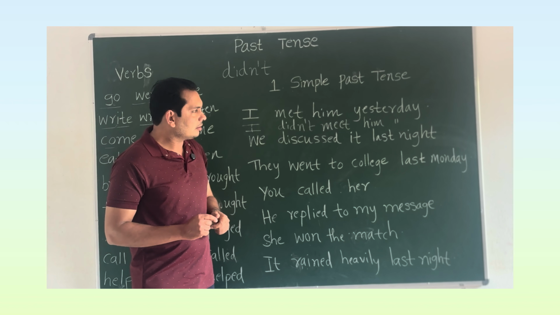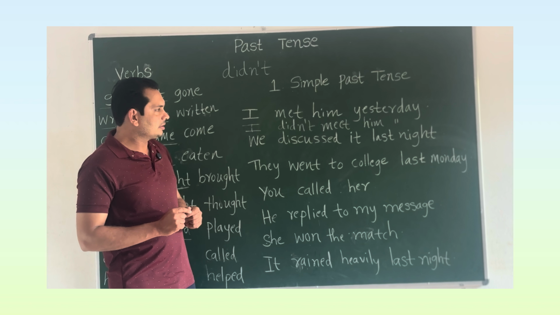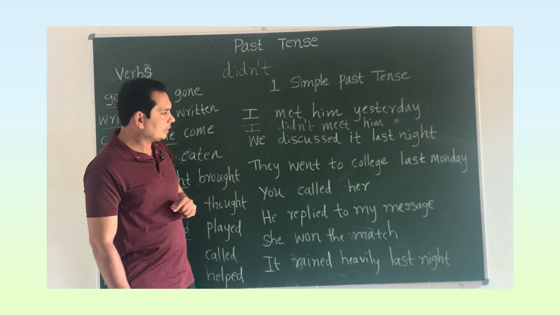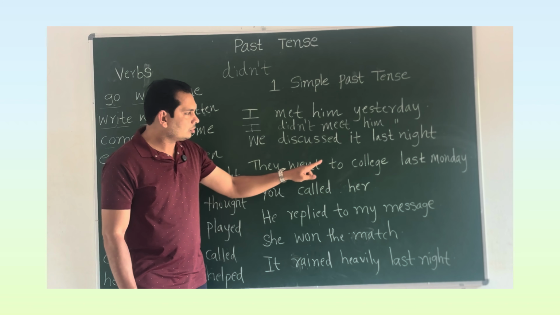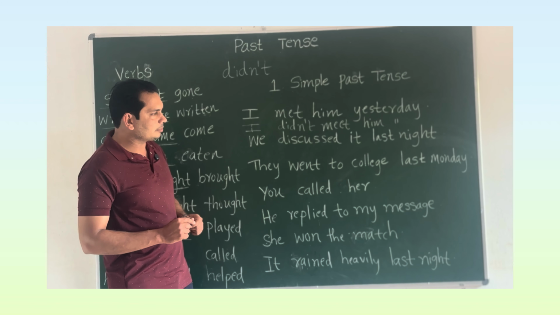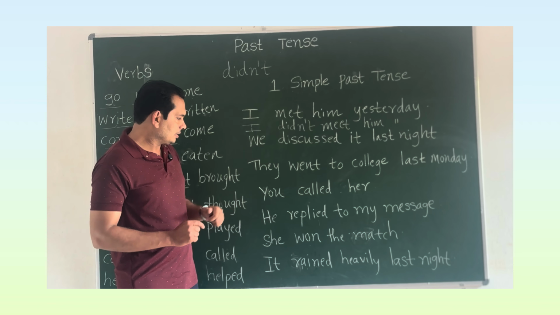We discussed it last night. Did we discuss it last night? Is the question. They went to college last Monday. Did they go to college last Monday? Did they go to college last Monday is the right way of forming a question to this sentence.